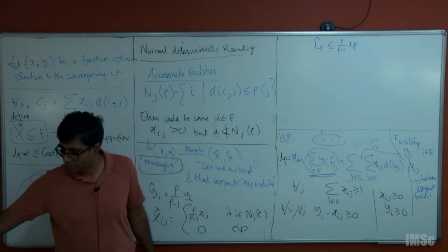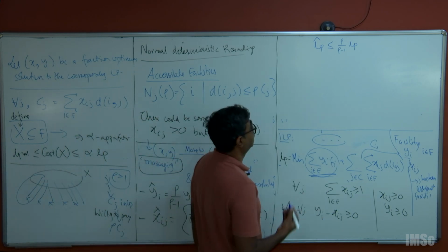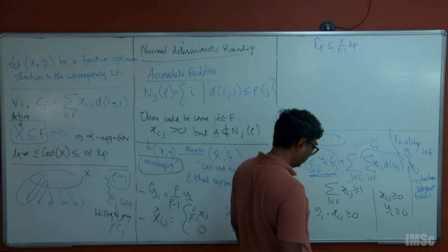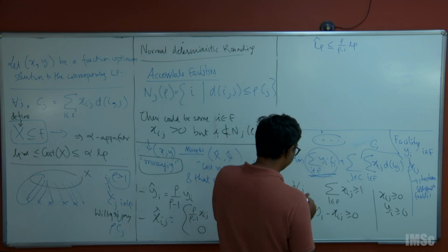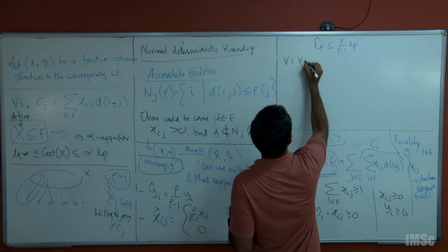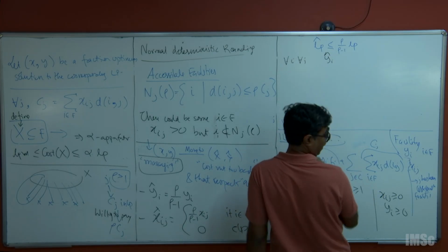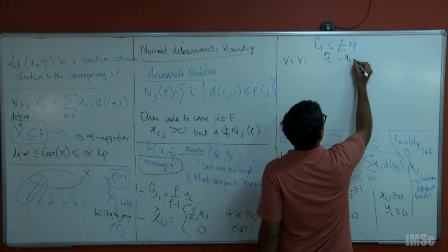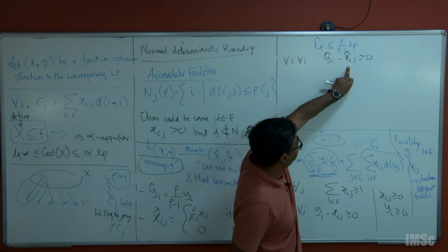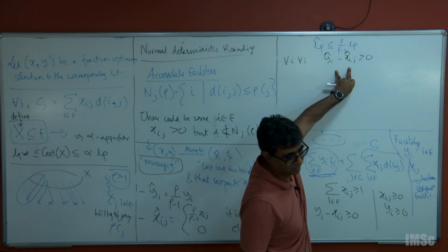It may not necessarily satisfy this equation. So first, let's see, is this one done? Okay, this is done. Why? Because what I have to show is, for all i, for all j, yi hat minus xij hat is greater than or equal to 0. If I substitute xij hat to be 0, I don't care, because anyway this is 0.